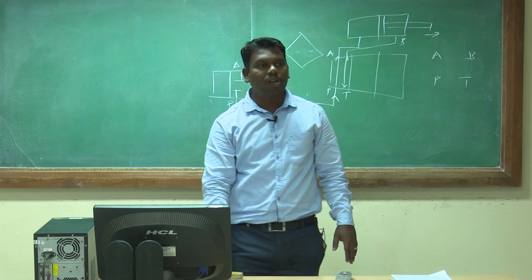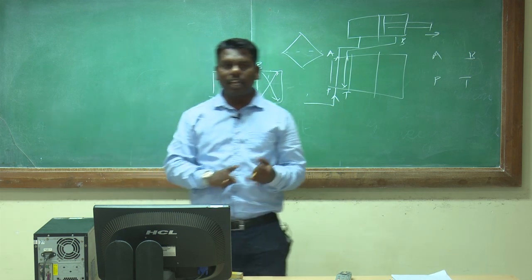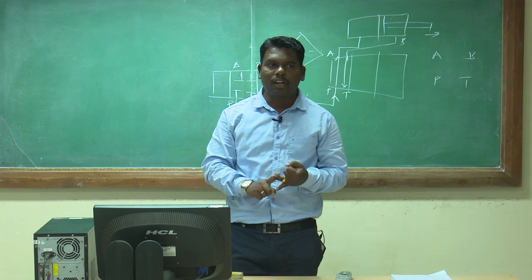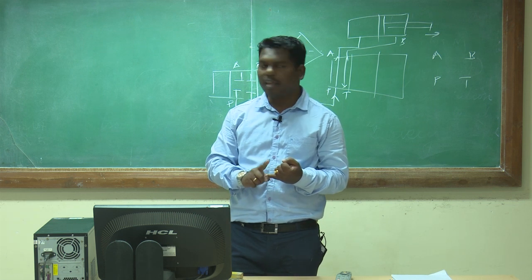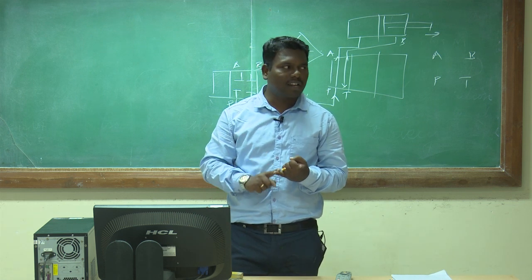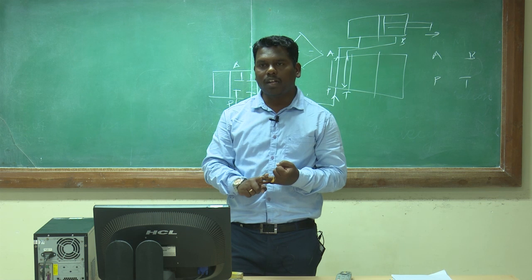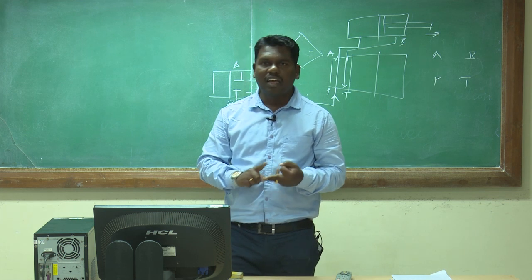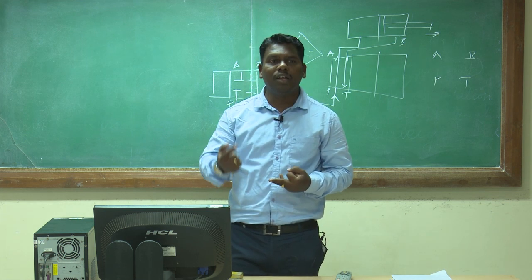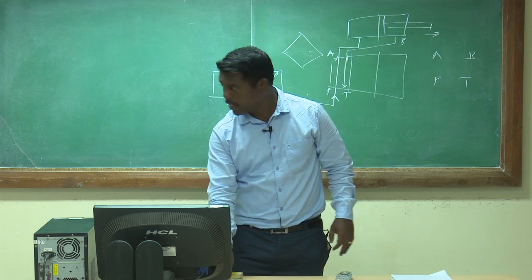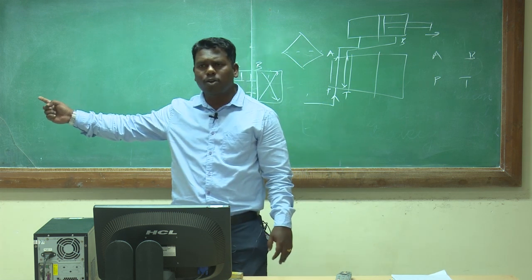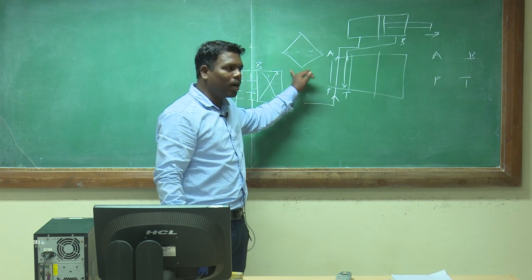Then here the FRL unit is there. FRL unit means F for filter, R for regulator, and L for lubrication purpose. In the first part, the filter, whatever impurities are there, will be removed. In the regulator, we can regulate the air, and in the lubricator, we can provide lubricant if it is required. Then it is transferred to the direction control, which is similar to the hydraulic system.